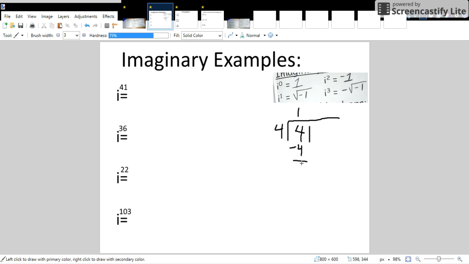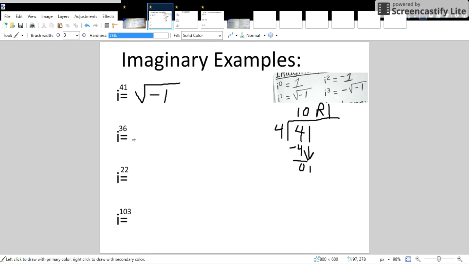Subtract the 4, you have a 0, carry down the 1. 4 goes into 1 0 times, and then you have a remainder of 1. So instead of adding a decimal place and putting 0.25 or something, you're just going to stop there and say remainder 1. So if you look back at your chart, you're going to see which one is i to the 1st power. The power will represent the remainder, basically. So i to the 41st power will be the square root of -1.